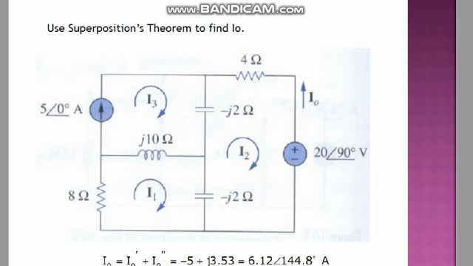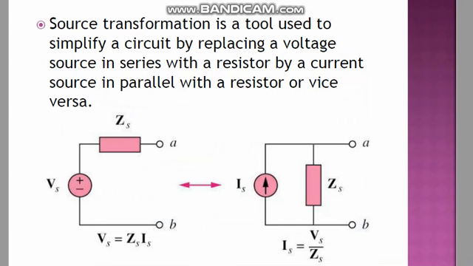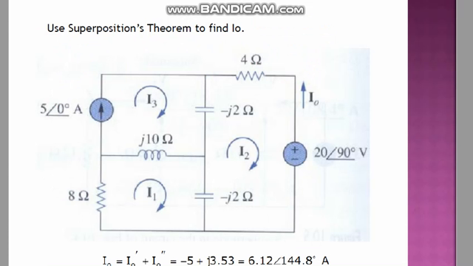Just look at it here. If you make it a short circuit, only 5 ampere current passes through here, so there is minus 5. This means it will be in different directions. It is short circuited, so you can easily find the current that passes through here.